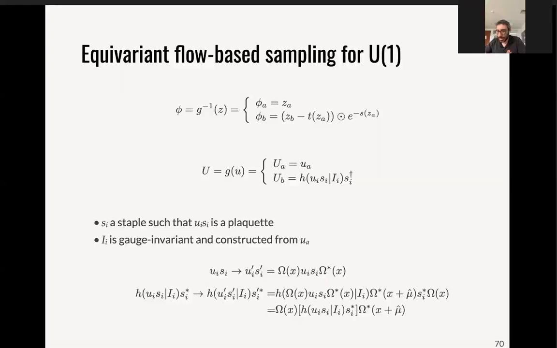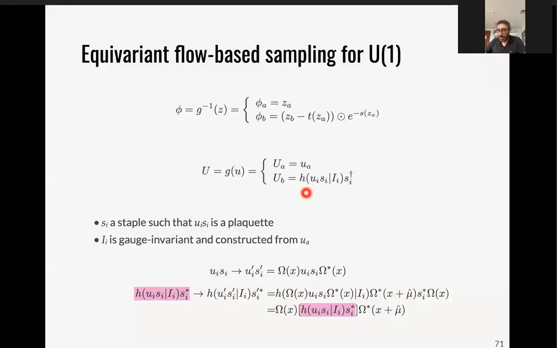If you follow this through, you can show that if you transform the links inside this transformation H, then the omegas that appear, the gauge transformations, can be written outside, so that the gauge transformation commutes with the application of the phi to the 4 field.